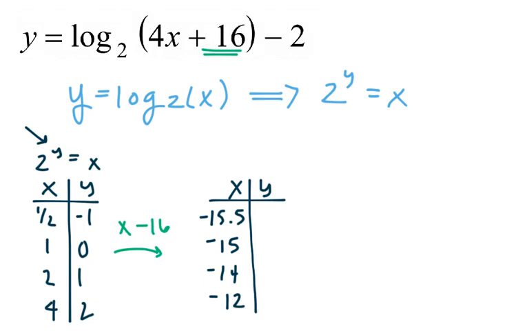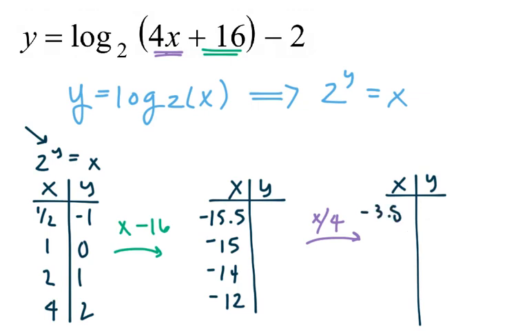Okay, the next thing I'm going to do to my x values is take care of the 4. Now, the 4 is being multiplied. We undo multiplication with division. Okay, so I'm going to divide all my x's by 4. So we will have negative 3.875, which is negative 15.5 divided by 4.